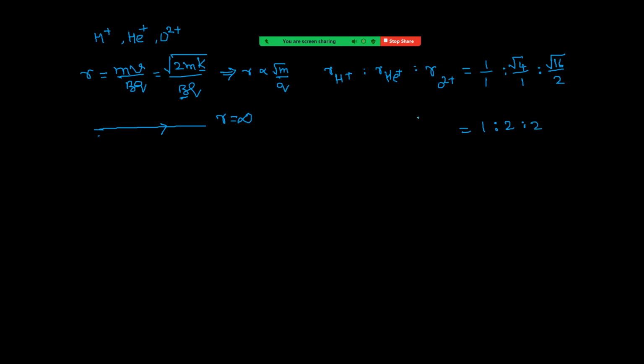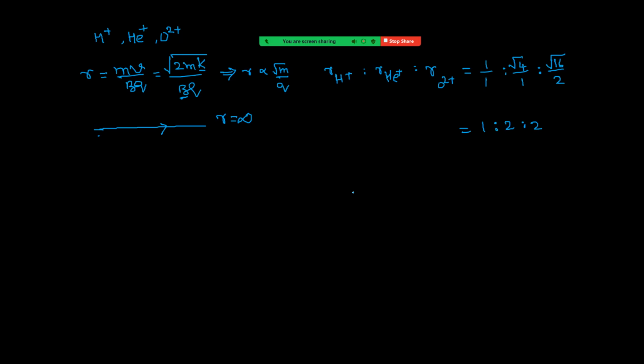That means H plus has the least radius. R is least means deviation is most, so deflection is most. Coming to He plus and O2 plus, the R value is the same, which means deflection is the same. So what we have to remember is: radius more, deviation less; radius less, deviation more.